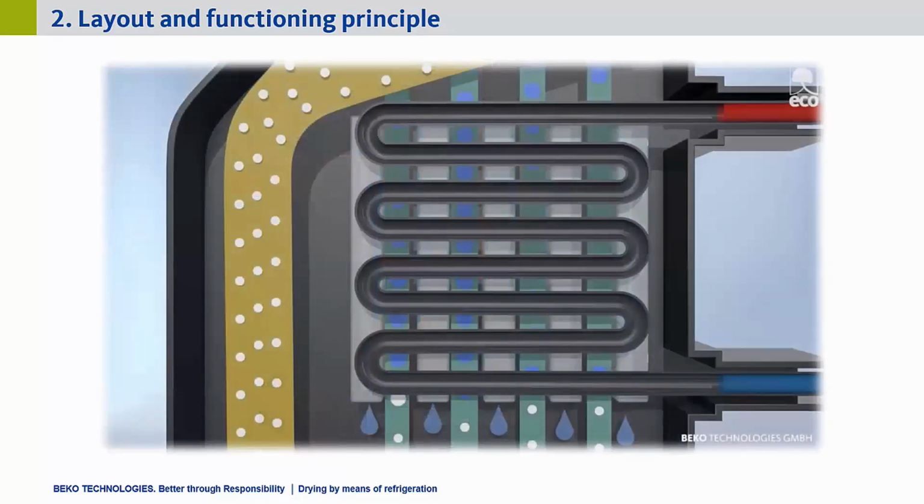After pre-cooling in the air-to-air heat exchanger, the next thing the air passes through is the air-to-refrigerant heat exchanger. Both circuits naturally remain independent from each other and only exchange heat energy. Compressed air is here cooled down to about 3 degrees Celsius by the refrigerant.